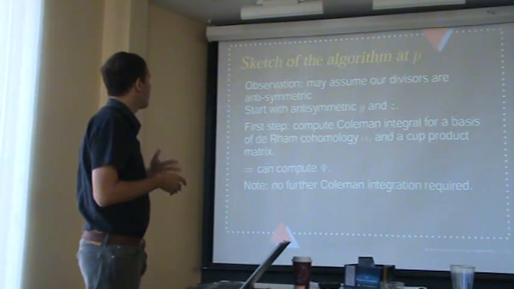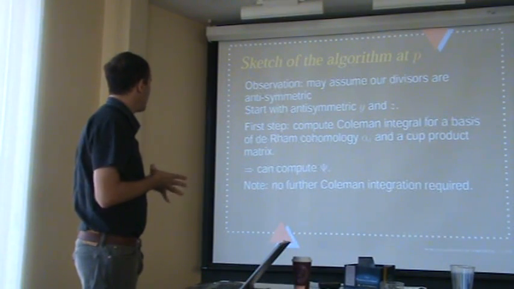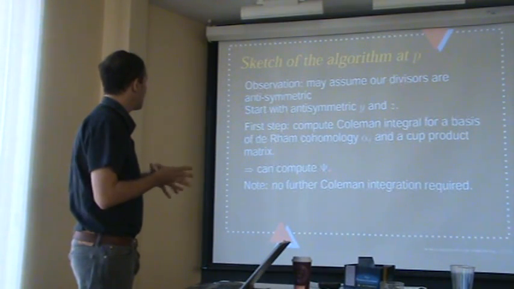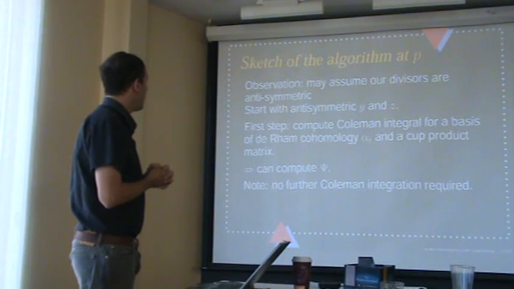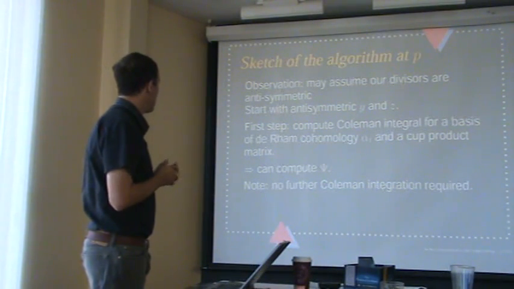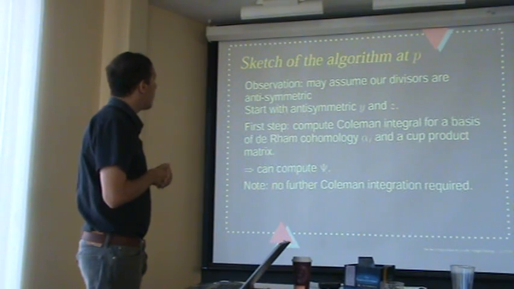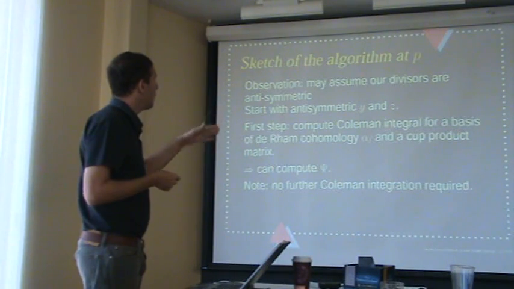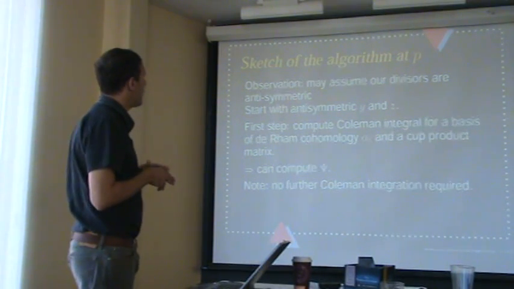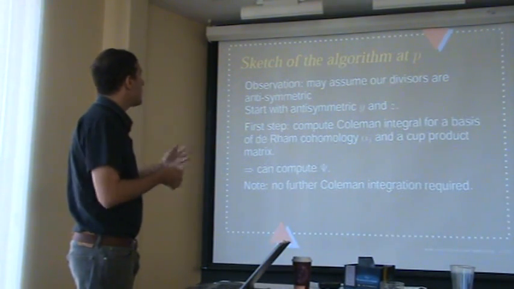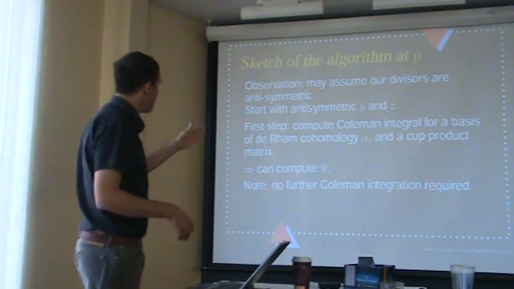In other words, I can compute the log for this universal vectorial extension, and it turns out that no further Coleman integration is required, since I've already done all of this for this basis. In this case there will be extra Coleman integrals, but they're going to be simpler.